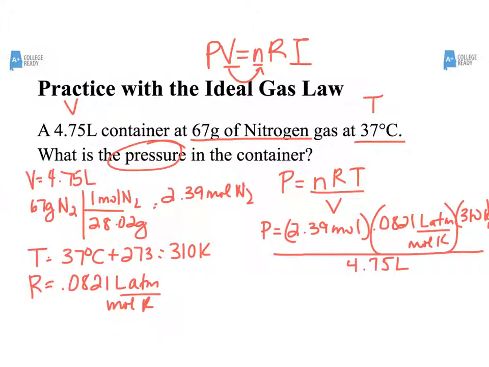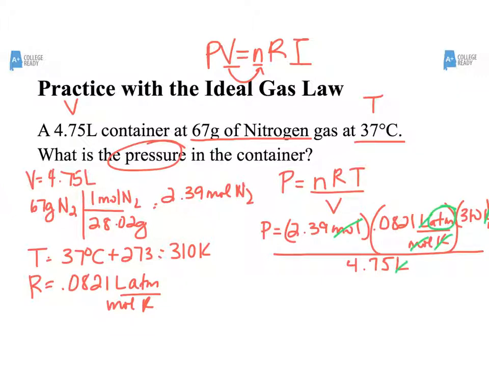Now, I want you to take a minute and look at this. Look what happens with our units. If you set this up correctly, you should get units that cancel out and be left with the unit of the variable you're trying to calculate. So moles on the top, moles on the bottom, they cancel out. Kelvin on the top, Kelvin on the bottom, they cancel out. Liters, liters, and what are we left with?